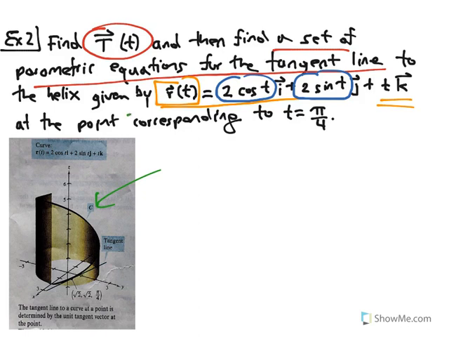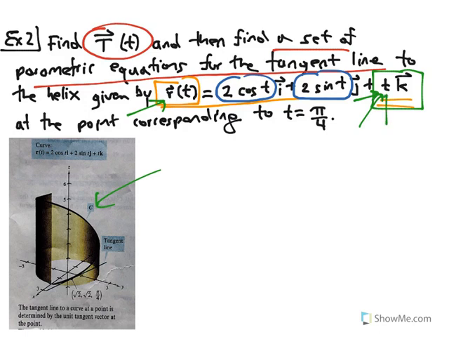And it is on this cylinder that you see pictured here in the figure that you will have the spiral that is the graph of r prime of t. And that spiral is going to rise for increasing values of t. When t is equal to 0, you will have a point on the xy plane.